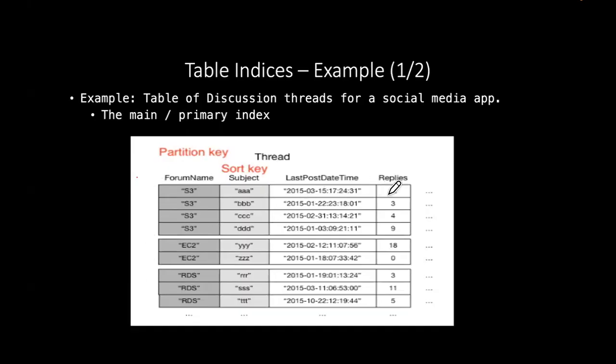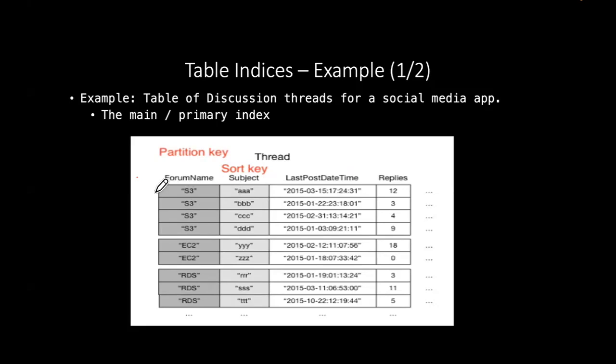And then there are other attributes as well, particularly the date of the last posting on this particular thread. So I can query this table by saying, for example, give me all of the threads for the S3 service where the subject area begins with some substring, and it'll pick out the subset of the items from this table.